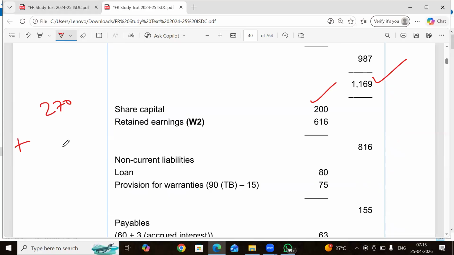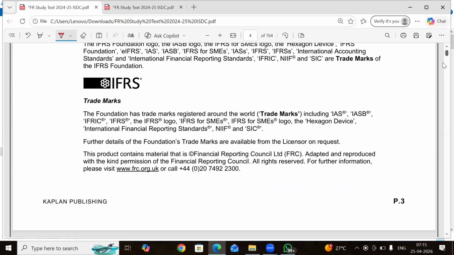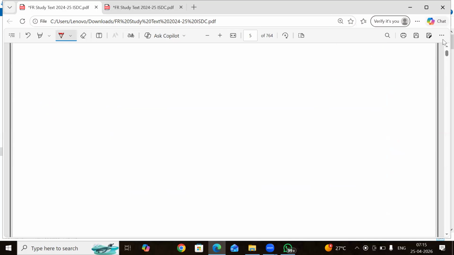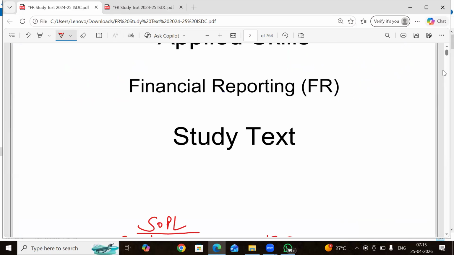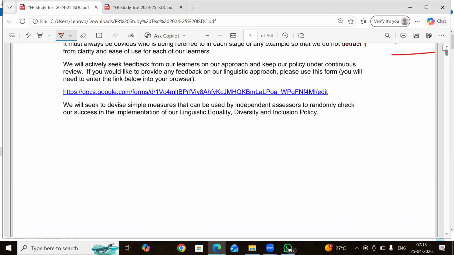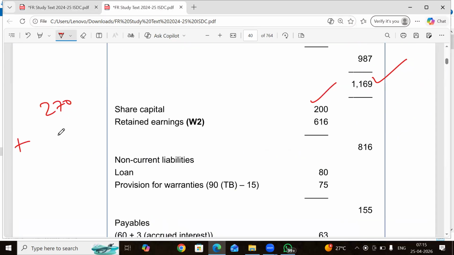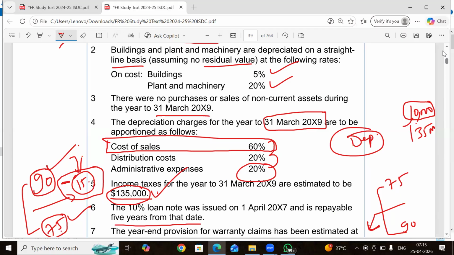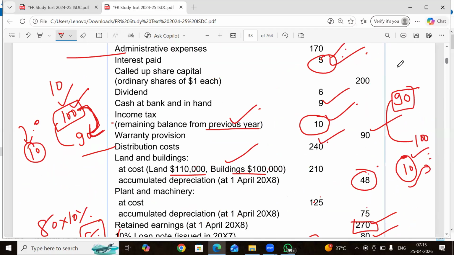What's the current year's profit? 352. Subtract dividends, 6.